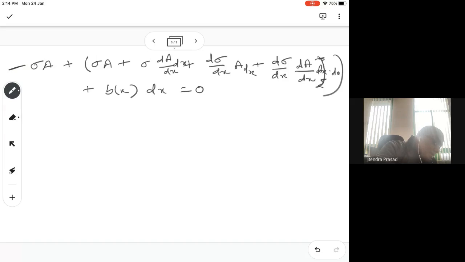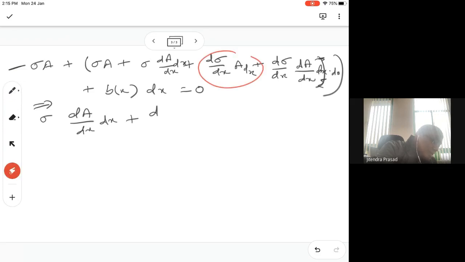So we have sigma dA over dx times dx plus d sigma over dx A dx plus, now here you see we have dx times dx, second order, basically very small. dx is small to begin with, so dx squared will be very small and can be neglected, so we will not write this.